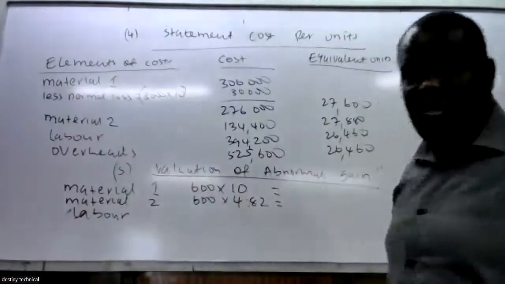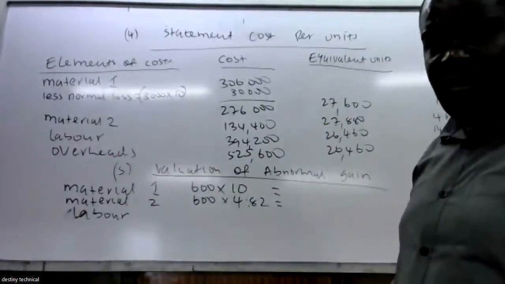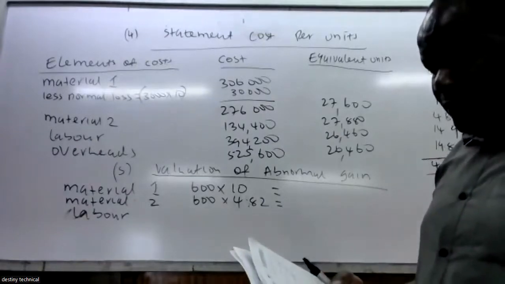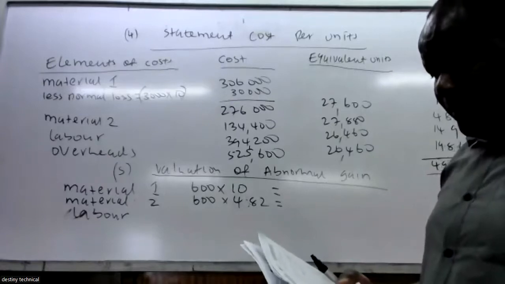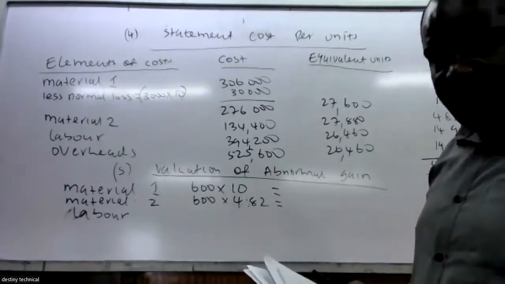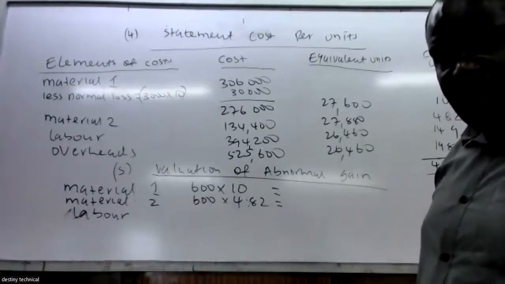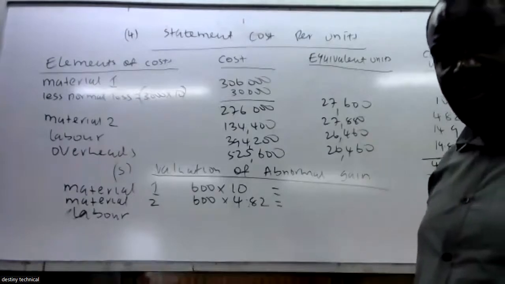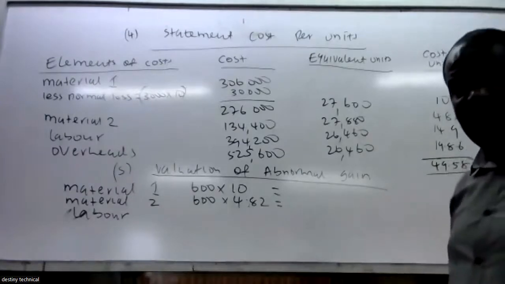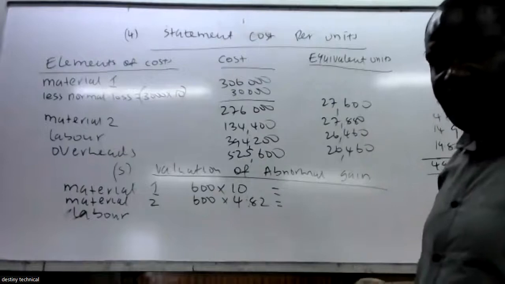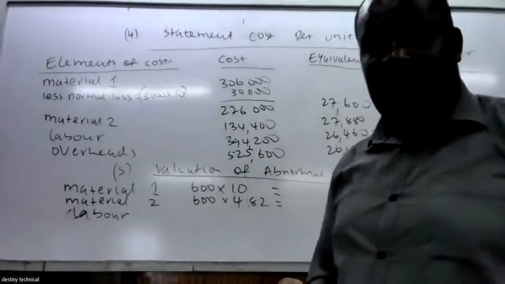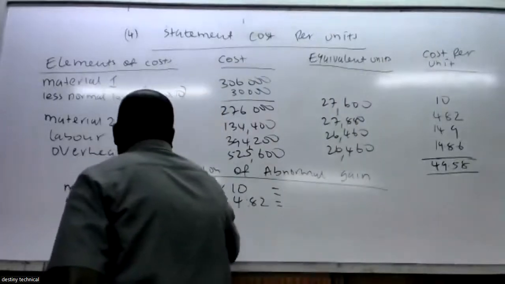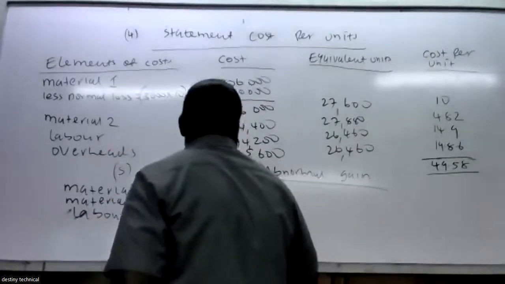Labor, I want you to check for me, there were how many units? Because it was meant to be 70%. 70% of 600 was 420. So you also take the 420, and this one you multiply by 14.9.